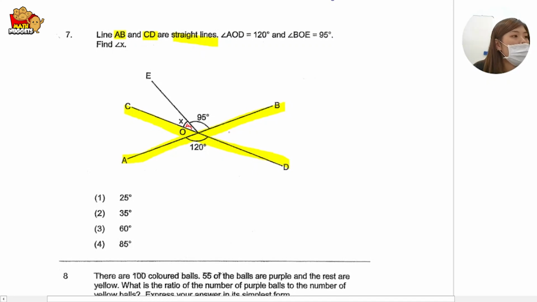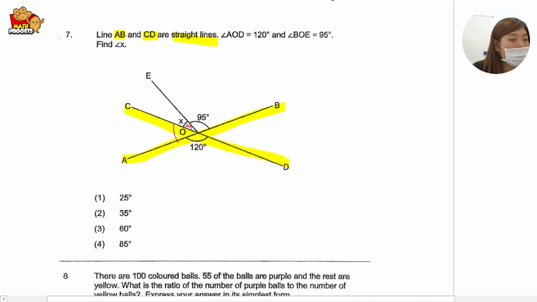So the first step in doing this is you need to recognize that if AB and CD are straight lines, one of the properties would be angles on a straight line. Angles on a straight line means that all of the angles on the straight line will be equal to 180. So for example, CD is a straight line. Here is 120.